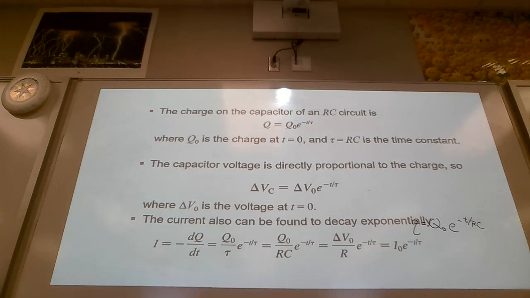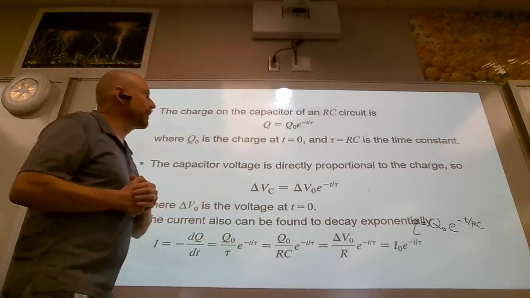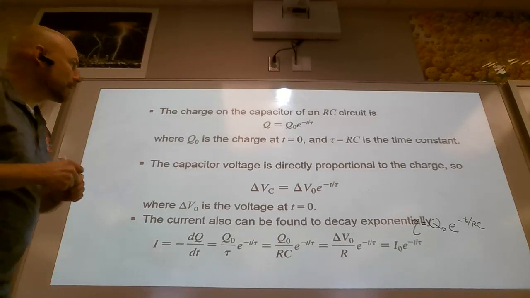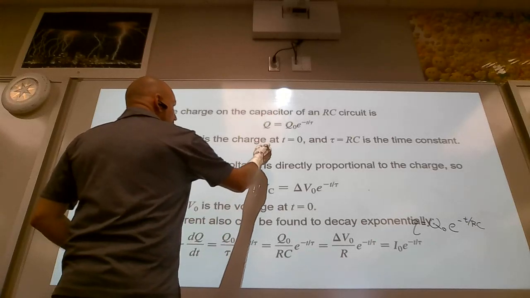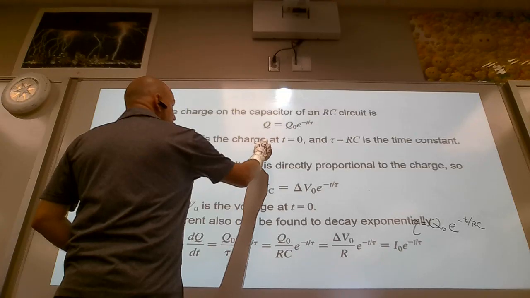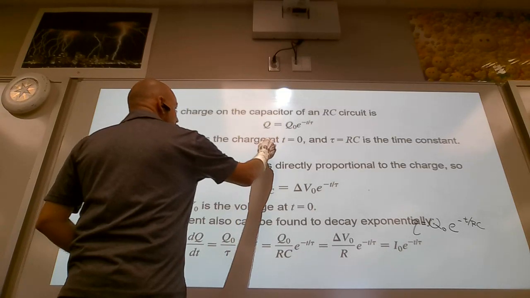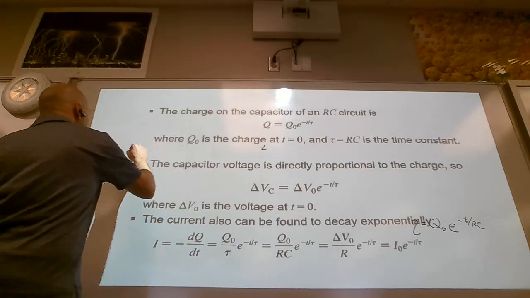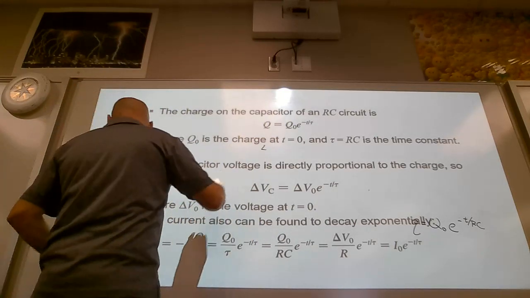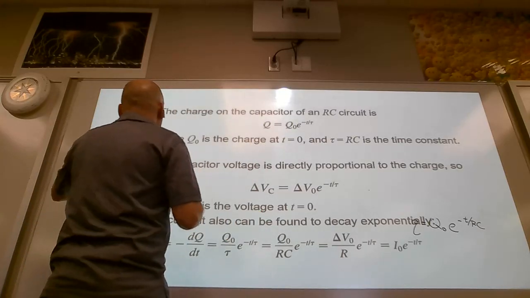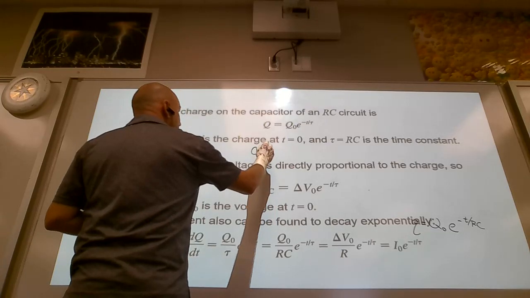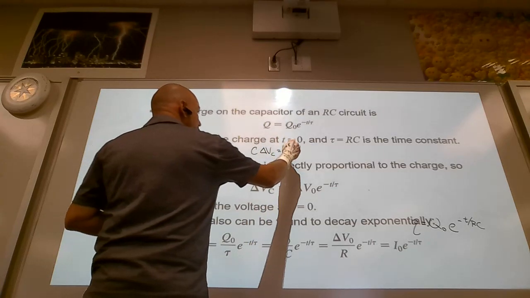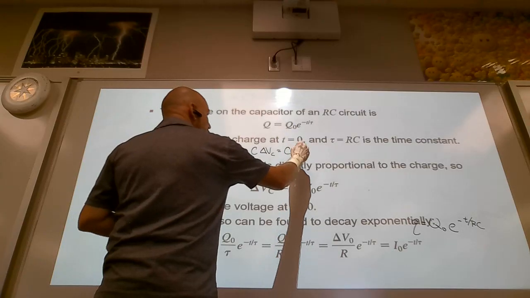All right. So if that's the charge on the capacitor as a function of time, the voltage: charge is capacitance times the voltage across the capacitor, equal to the capacitance times the initial voltage across the capacitor.